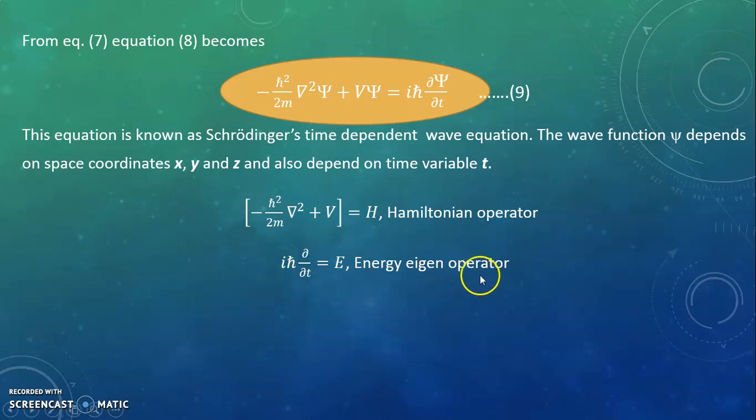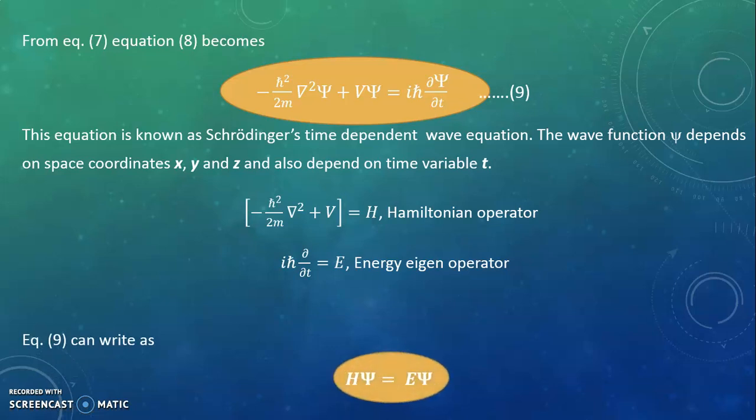This is the energy operator. So by using both operators in equation number 9, the equation becomes Hψ is equal to Eψ. This is the other form of Schrodinger's time dependent wave equation.